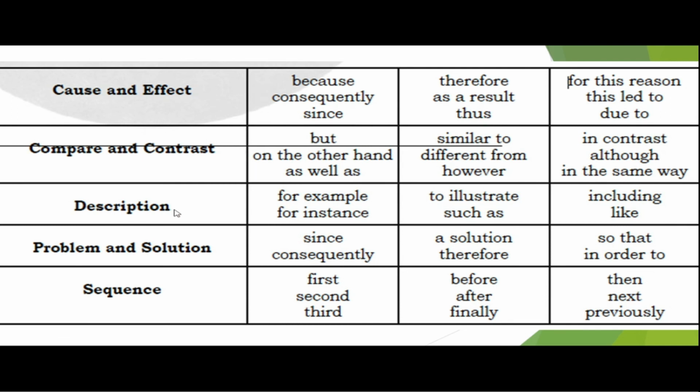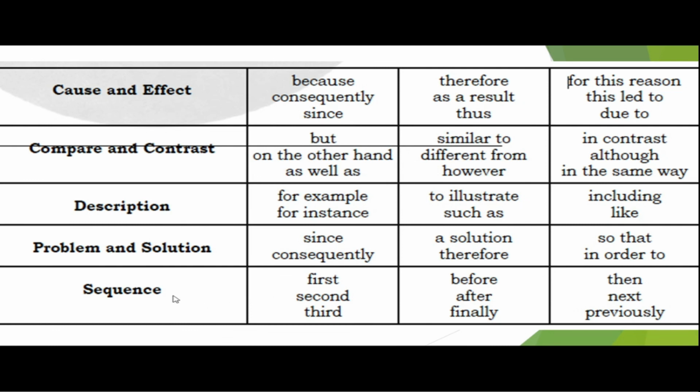If you choose the structure description, you can use the following words. For example, for instance, to illustrate, such as, including, like. If you want to use problem and solution, you can use the words since, consequently, a solution, therefore, so that, in order to.